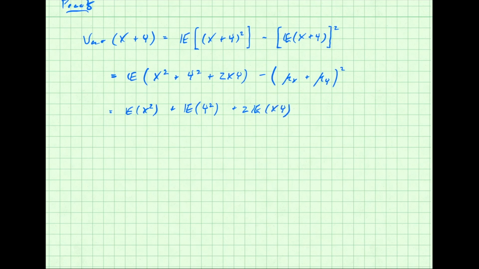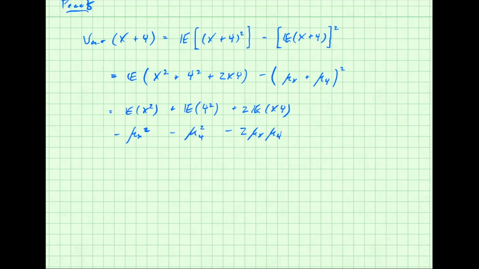And then this stuff I'm going to put on the line below. And so I get minus mu x squared. So I'm just expanding that. Minus mu y squared. And then minus twice mu x mu y.